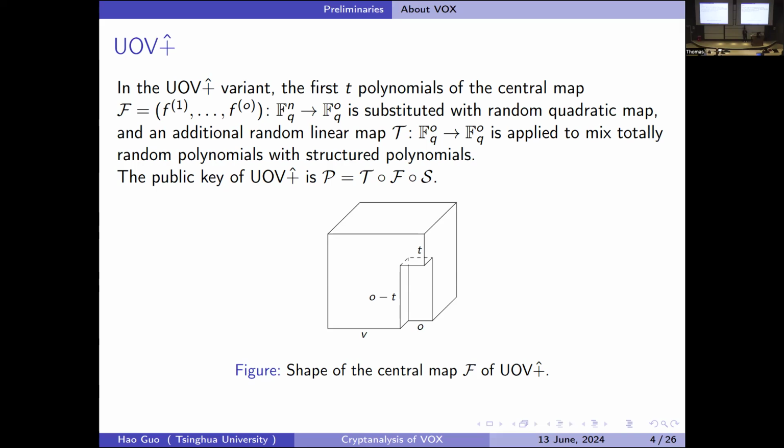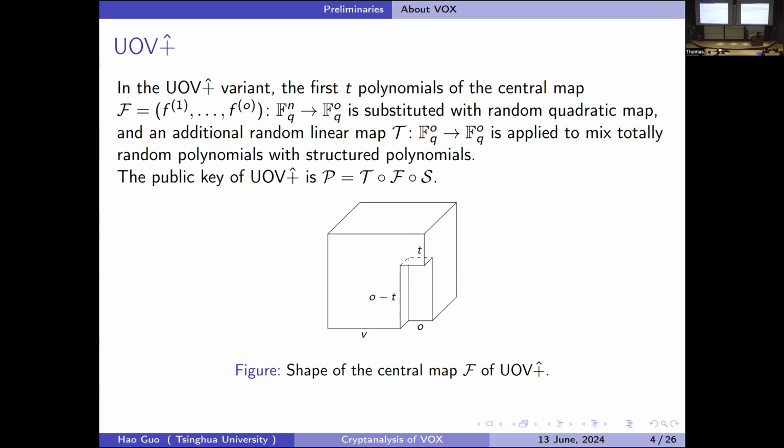Since the polynomials are not the same, we need to mix them. So there is another additional random linear map T, which is applied to mix the random polynomials with the structured oil vinegar polynomials. And the public key of UOV hat plus is P, which is T composed with F composed with S. And this is UOV hat plus.